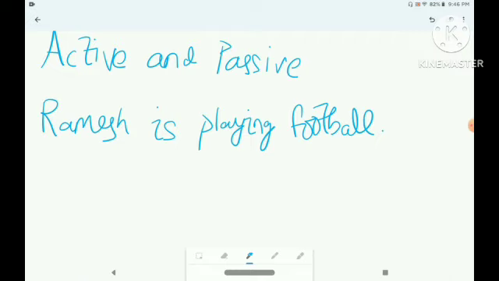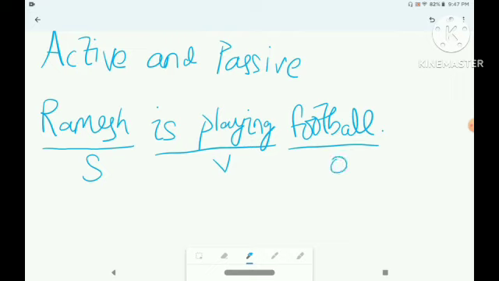And I will also give you a short trick to know which sentence is in active voice and which is in passive voice. Okay, so here our Ramesh is the subject, yes or no? Is playing is the verb, right? And football is the object, yes or no?